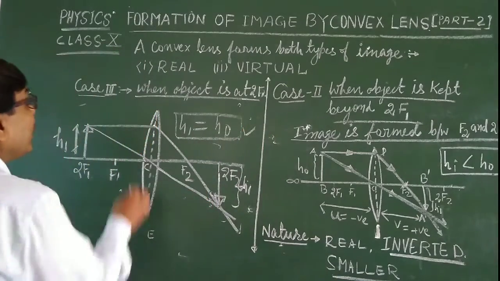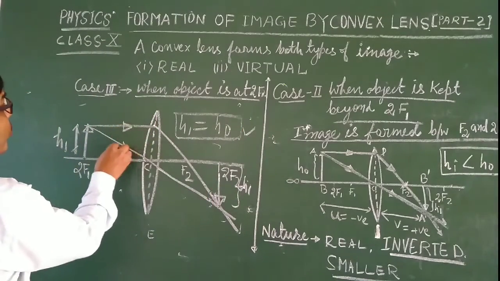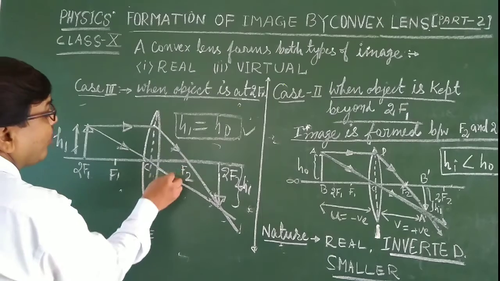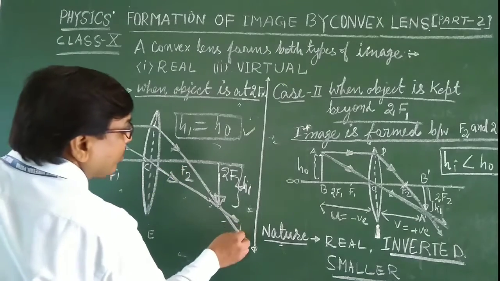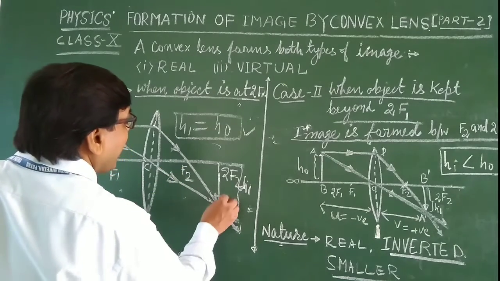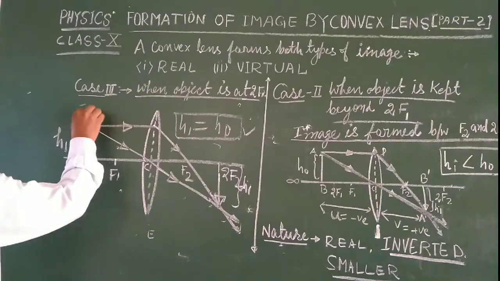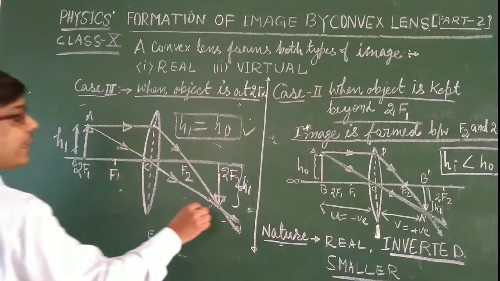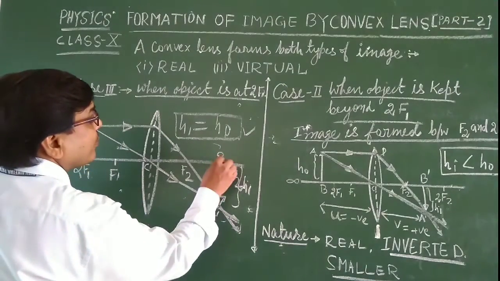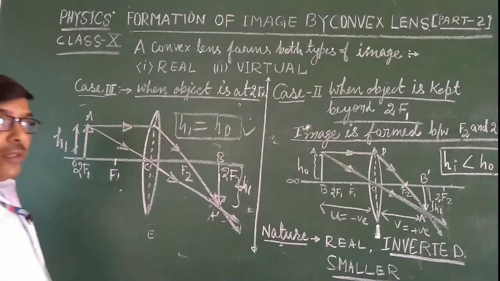Again, you have to show the ray diagram with arrows also. This is the most important part of the ray diagram. This is A, B, and A dash, B dash, the size of the image.